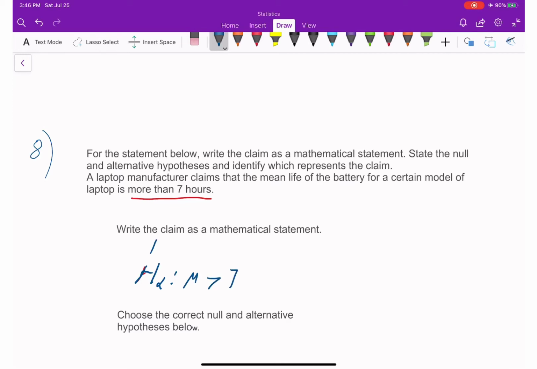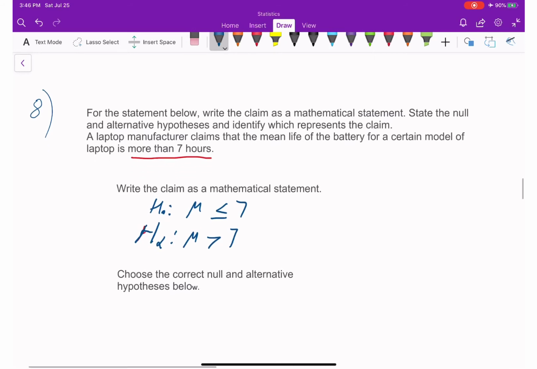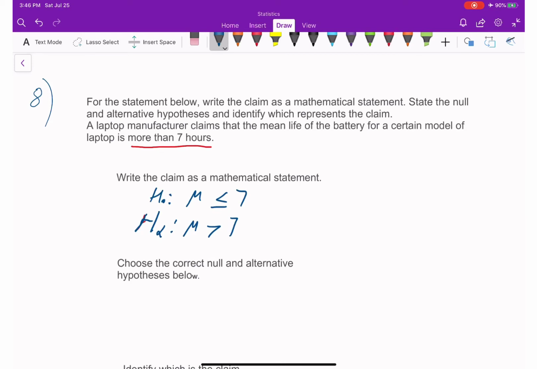And the complement, in this case, is mu less than or equal to 7.